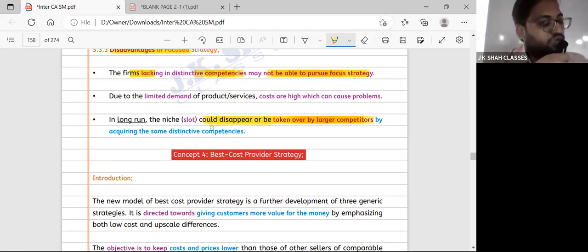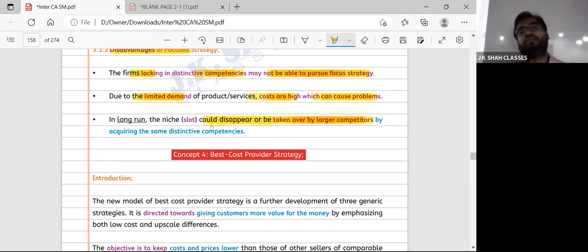Look at this. Due to the limited demand, costs are high, which can cause problems. You all understood this? What are the disadvantages? 3 disadvantages. The firms lacking distinctive competencies may not be able to pursue this.